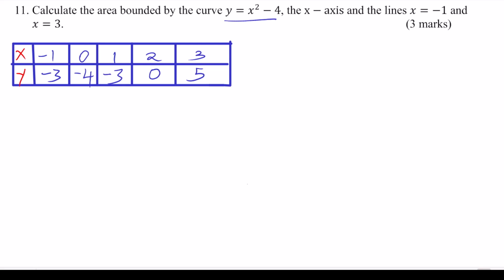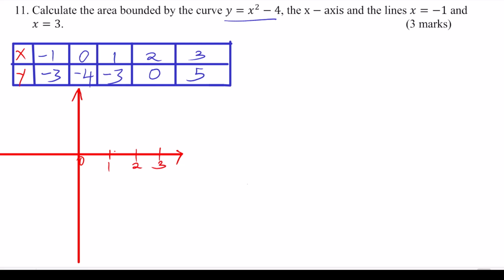When you sketch these, this is the x-axis and the y-axis, this is 0. We have 1, 2, 3, then we have -1, -2, -3, -4.